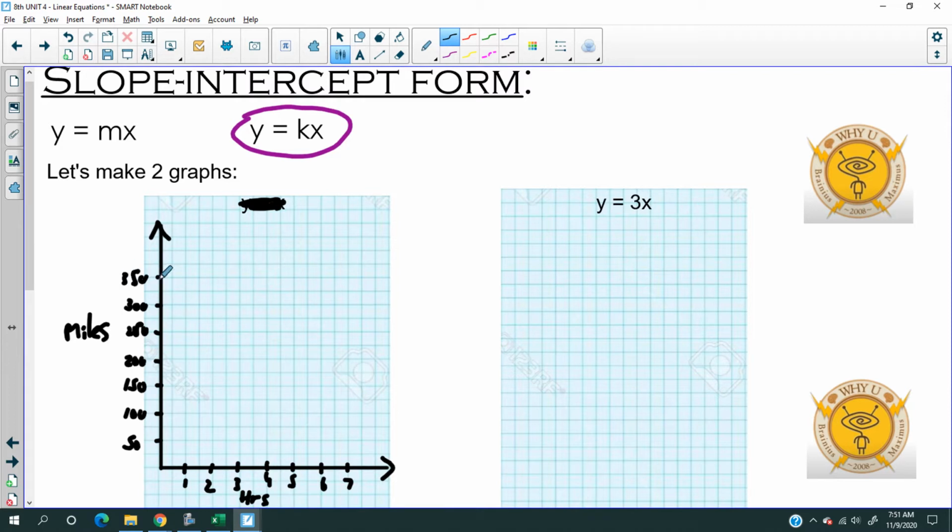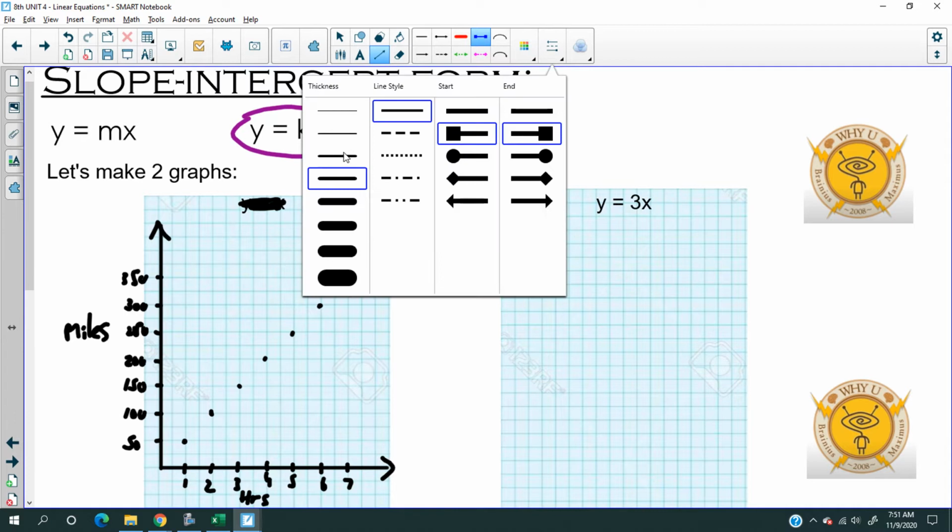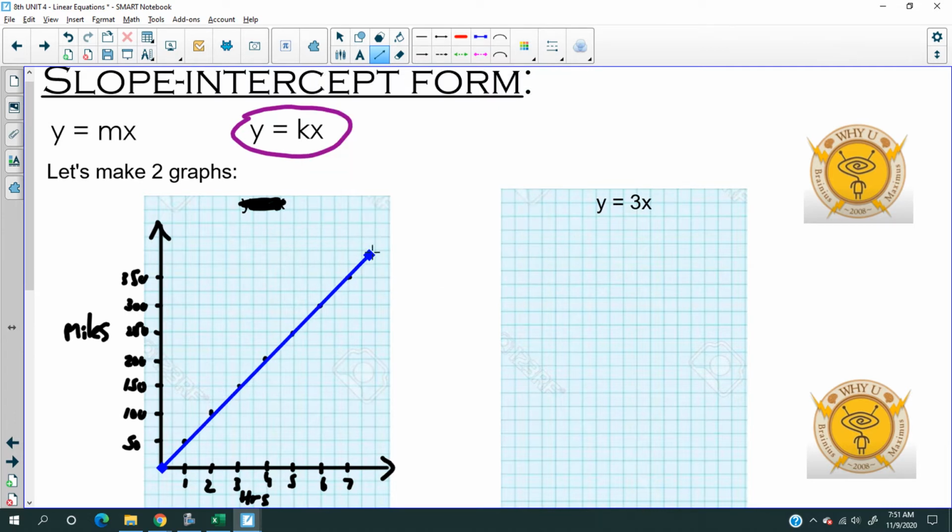If I were to show you a graph like this, my first question for you all is, is this graph proportional?